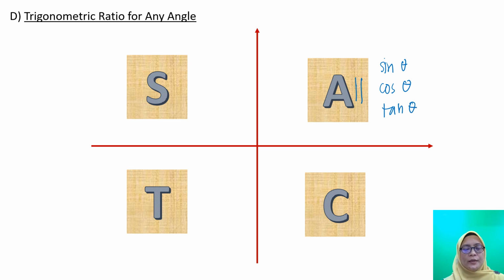So kalau kuadran 2, so ini only sin theta yang positif. So third quadrant only tangent theta is positive. And the last one, fourth quadrant, is only cos is positive.